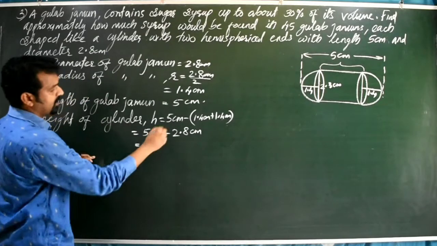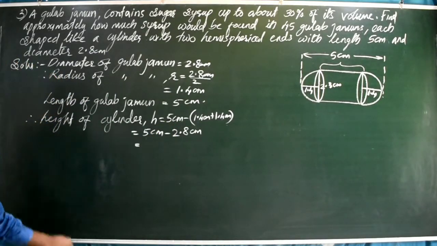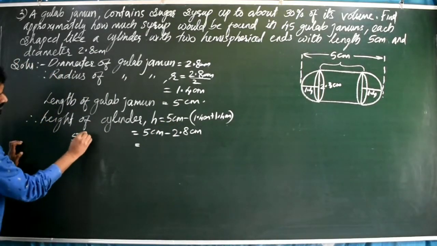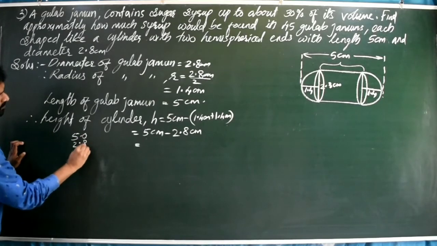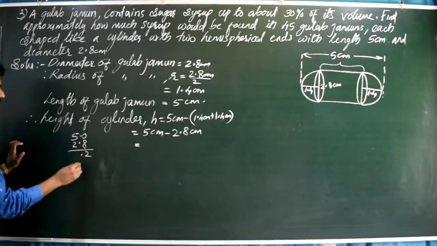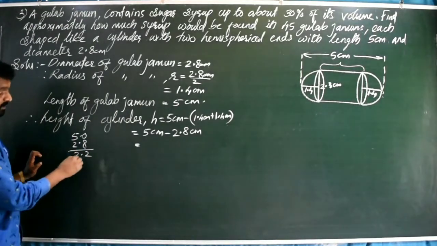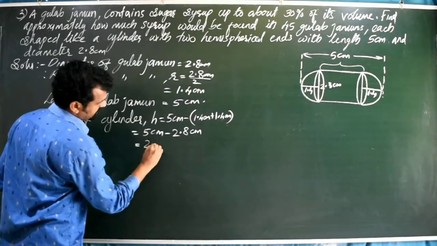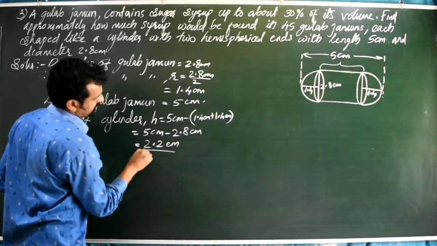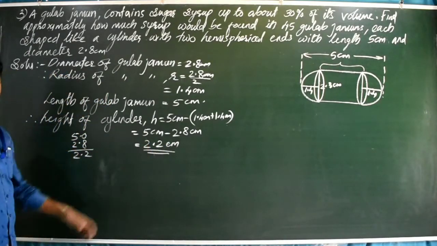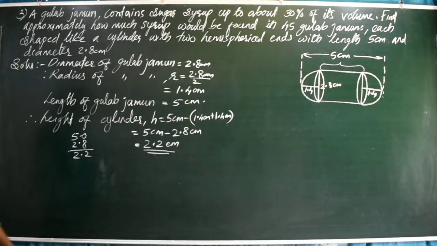That is equal to 5 centimeter minus 2.8 centimeter. 5.0 minus 2.8, 10 minus 8, 2. Remaining here 4 only. 4 minus 2, 2. Then 2.2 centimeter. So height is equal to 2.2 centimeter.